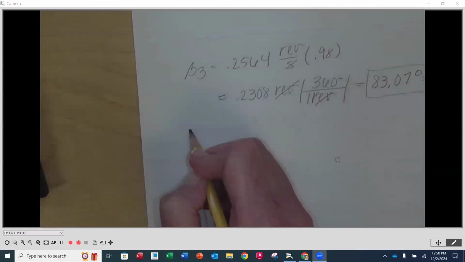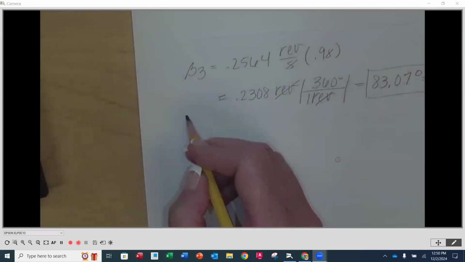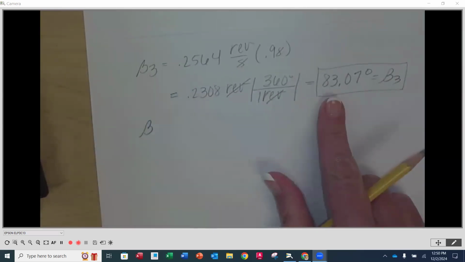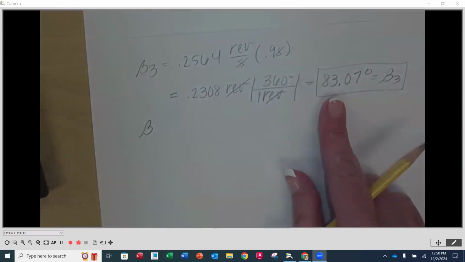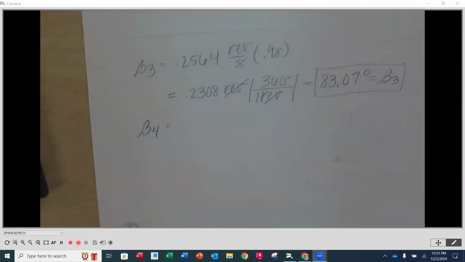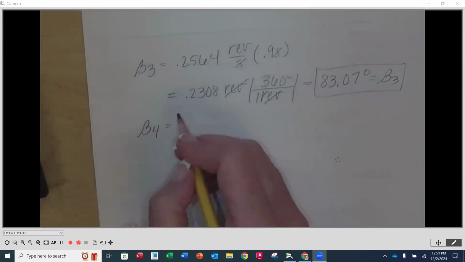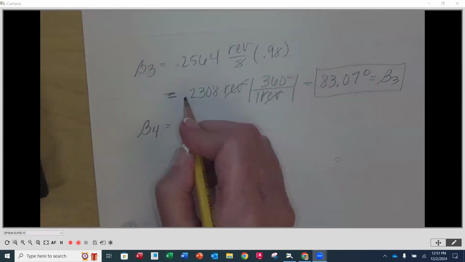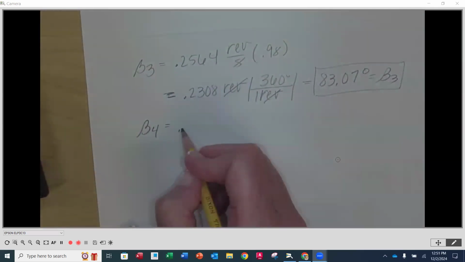If you're off by a decimal or so, I'm certain that it's going to be a little bit of rounding, but you should be relatively close. Like my beta 3 came out to 83.07. They had 82.9. Okay. Close enough, because we can hold more decimal places on our calculators. I know that they always round to 3 significant digits pretty consistently throughout their calculations.